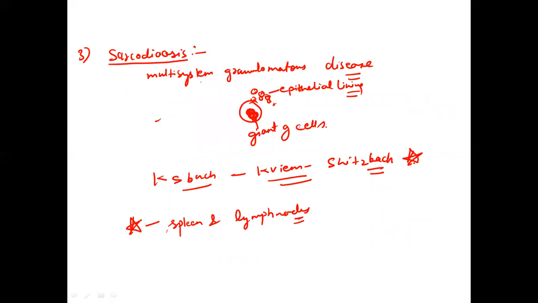Then come to sarcoidosis, which is a multi-system granulomatous disease. In this, there are giant cells surrounded by epithelial lining. The main test for it is the Kveim-Siltzbach test. You will get a direct question on this test, and the samples we have to take are from the spleen or lymph node.